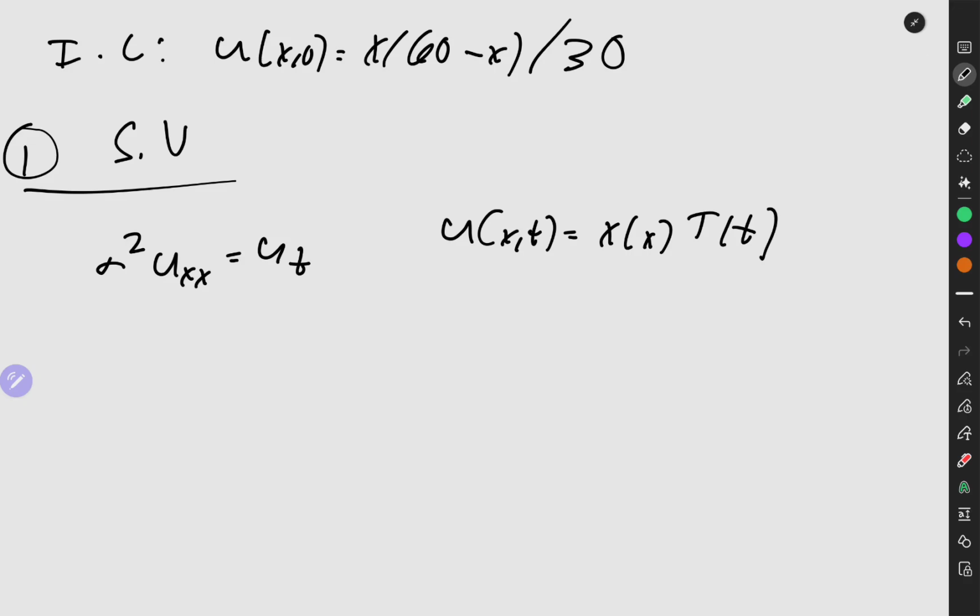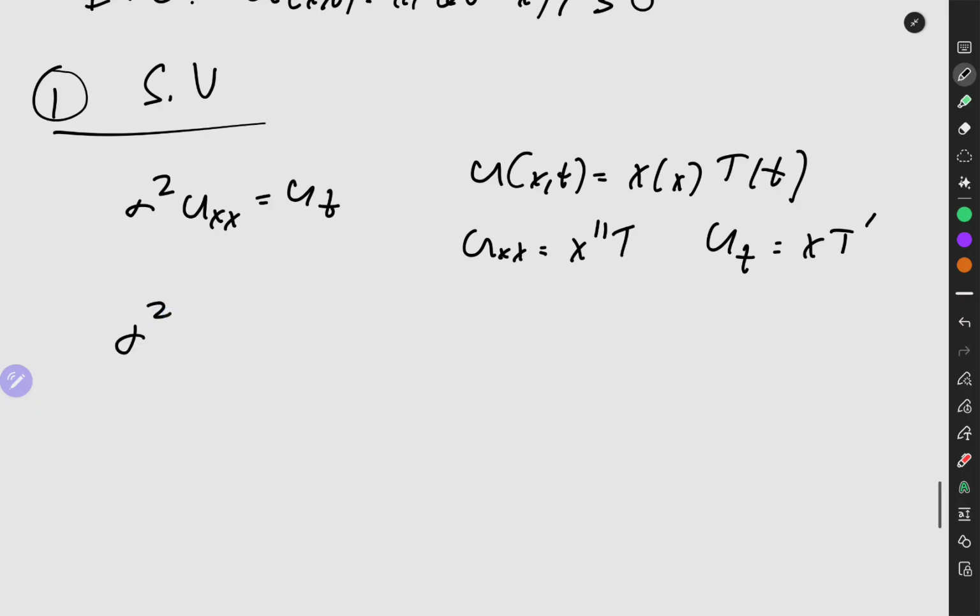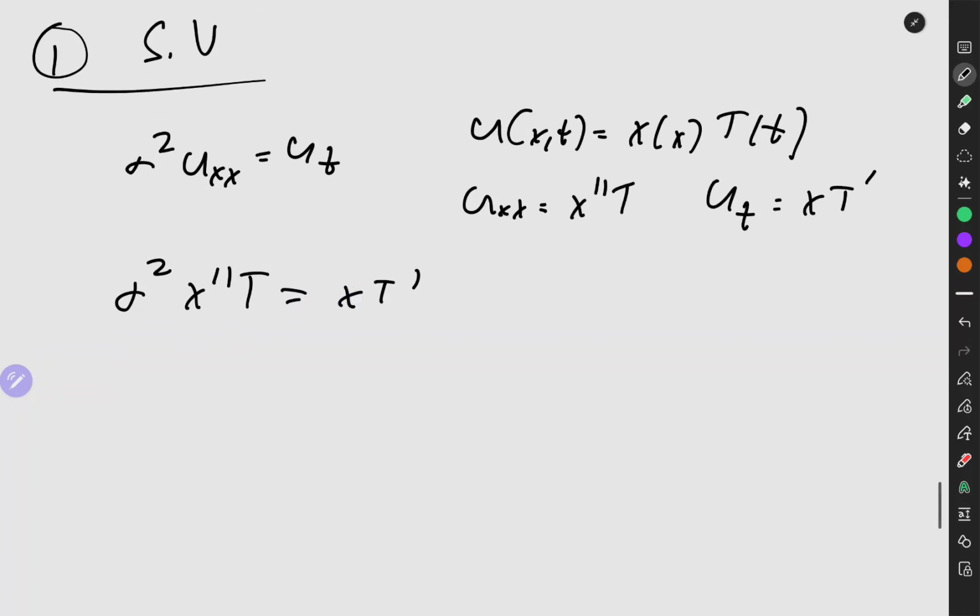So now let's go ahead and separate. Remember, u_xx is X double prime T, and u_t is X T prime. So then that leaves us with X double prime T equals X T prime. We want to move the x's and t's over. We want to move the alpha squared over to the first order side, so those are going to go with the t's.